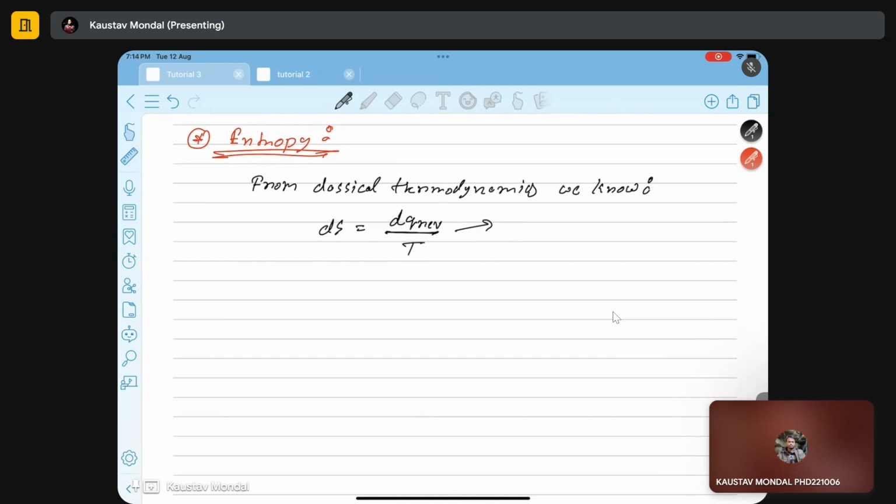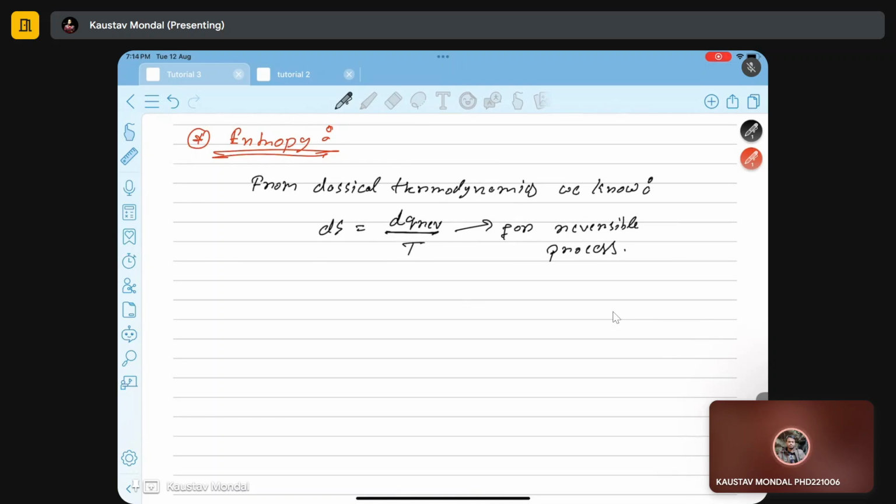This is true for a reversible process. Okay, this we know from classical thermodynamics, right? Like in previous courses we have already studied these things, right?